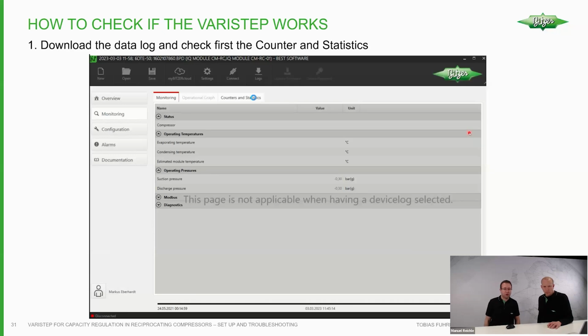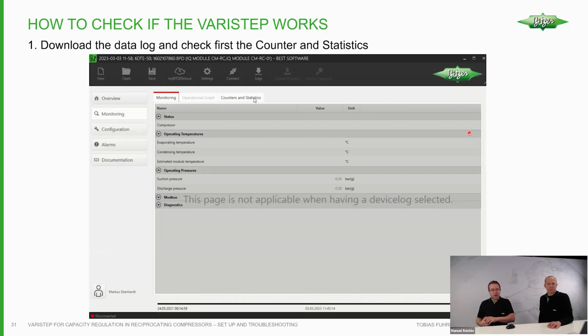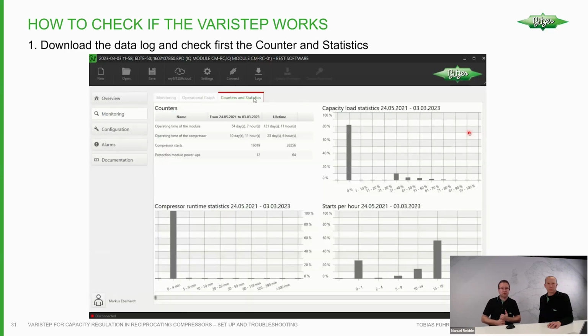When you have connected to it, you will get, of course, all the alarms, all the warnings you can see in the operational graph, but also you can see it in the alarm history, so you know what was going on with this compressor.